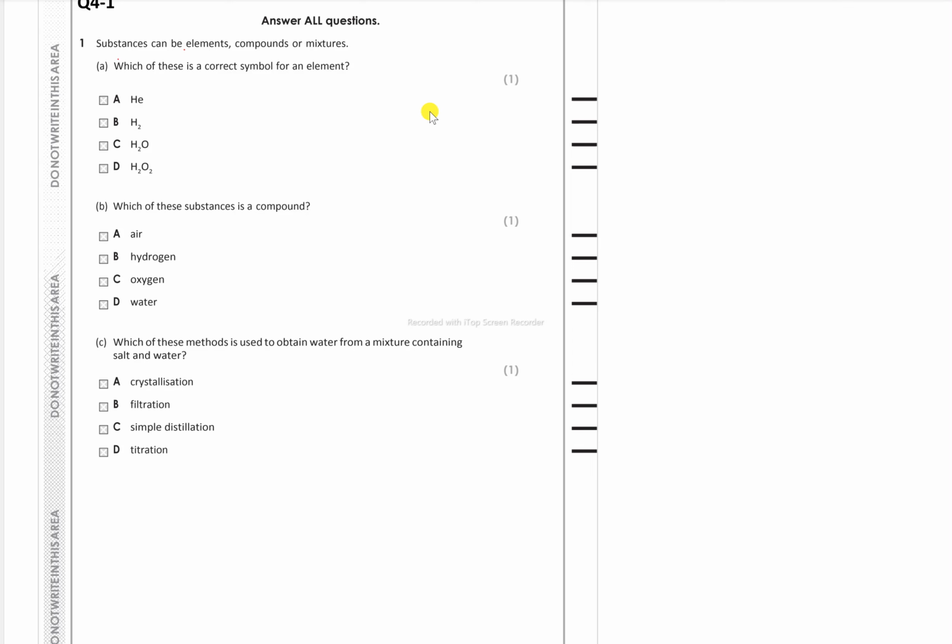Right. Substances can be elements, compounds, or mixtures. This is a good point to write down the definitions actually.